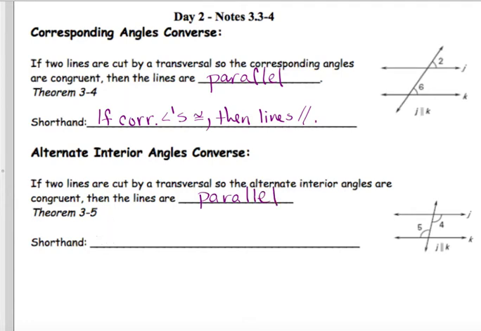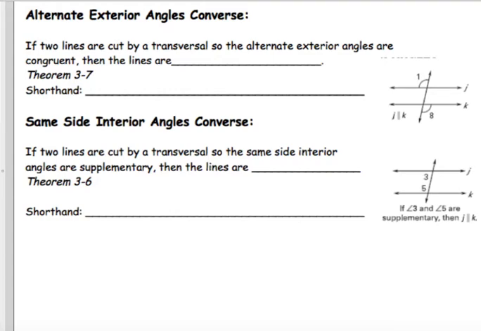And the shorthand, if alt int angles congruent, then lines are parallel. So there was 4 of them. Here's the other 2. Alternate exterior angles converse.